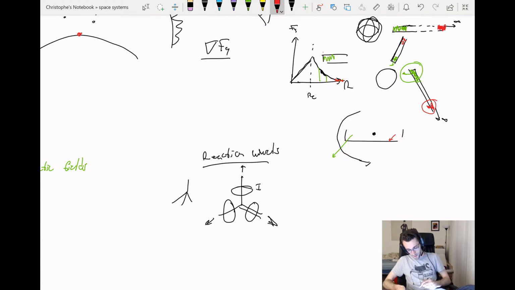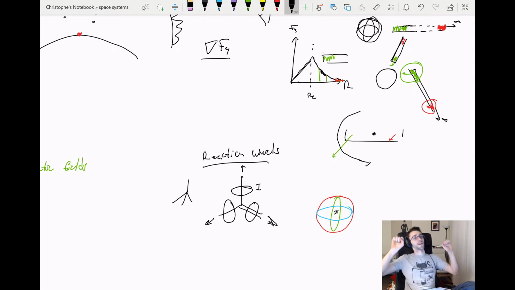If this is our control ball and we're looking directly at it, roll is this direction, pitch is this direction, and yaw is this direction. In the center there we've got our little airplane. If I was rolling, I'd be going side to side. If I was pitching, I'd be going back and forth. And if I was yawing, I'd be going side to side.